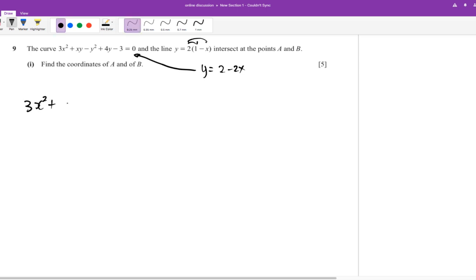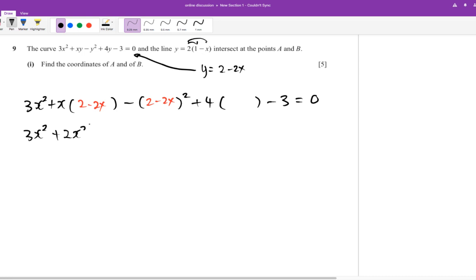3x squared plus x times my 2 minus 2x, minus y squared plus 4y minus 3 equals 0. And I will sub all my y here, 2 minus 2x, 2 minus 2x. Alright, then I will just expand it. 3x squared plus 2x, plus 2x only, don't have the square.